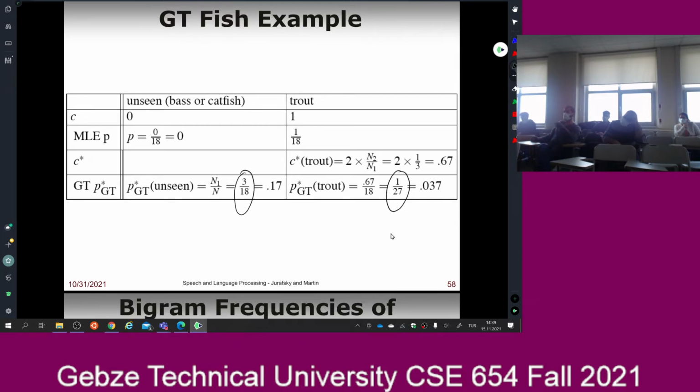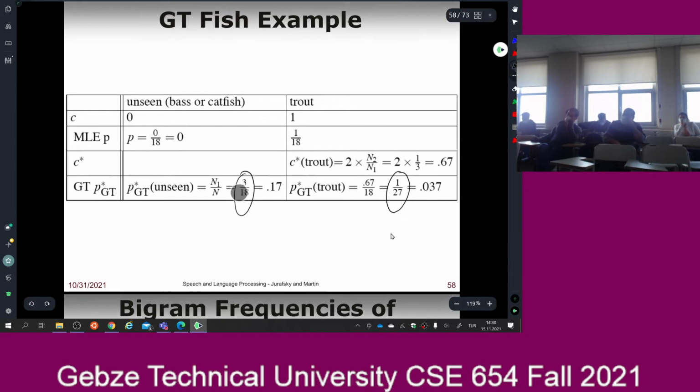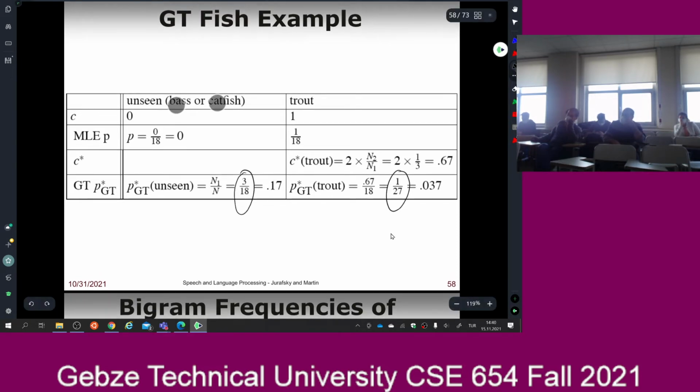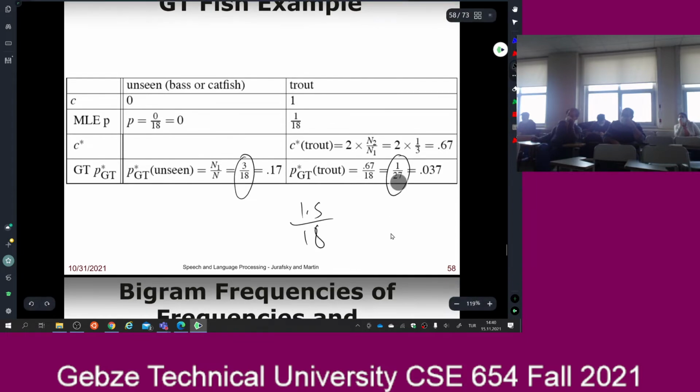So if I caught a catfish before, then the probability of catching a trout, or if I caught a trout before, the probability of catching a catfish is higher than trout. Okay, by the way, you need to divide this number by 2, because I have 2 classes here, right? Okay. So if you divide it, it's going to be what? Like 0.85 over 18, right? If I divide it by 2, it will be like 0.85.